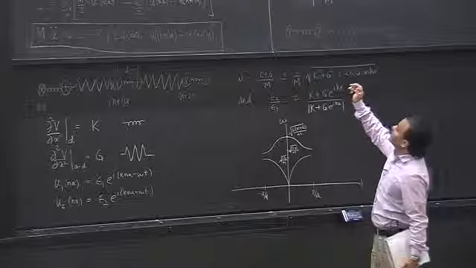But if I try to draw this, you can see that there is no way this curve is going to intersect with the lower branch, but this curve will intersect with the upper branch. So we think of this upper branch as optical phonons. So this lower branch is called acoustic phonons. And this upper branch is called optical phonons.